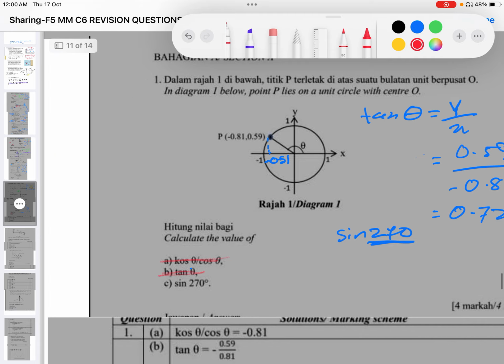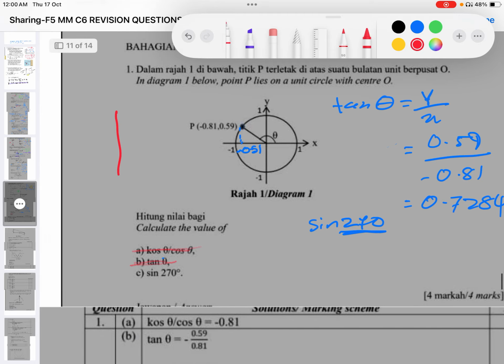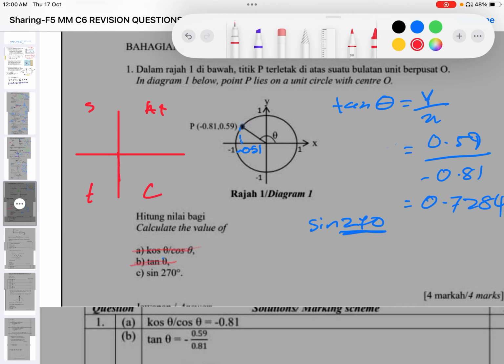Ada 4 kuadran macam tadi saya beritahu, which is going to be all positive, sin, tan, and cos. So 270 akan duduk kat kawasan ini. So corresponding angle towards X will be 90 degrees.